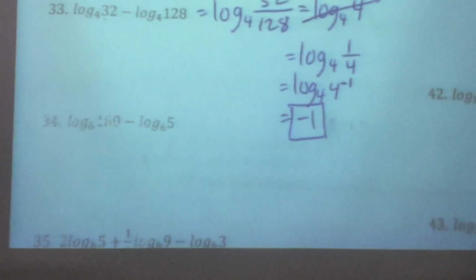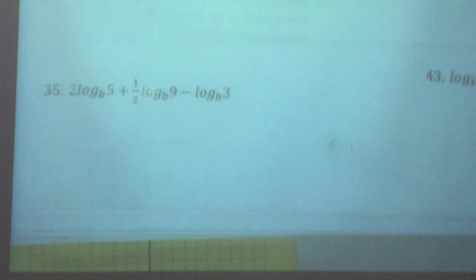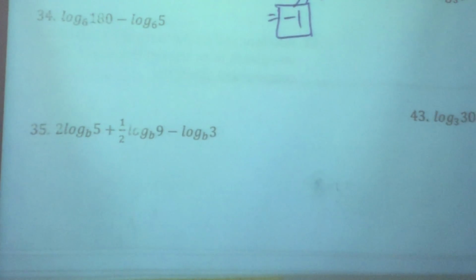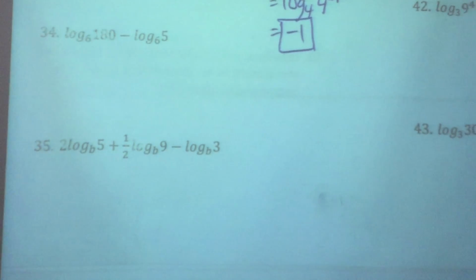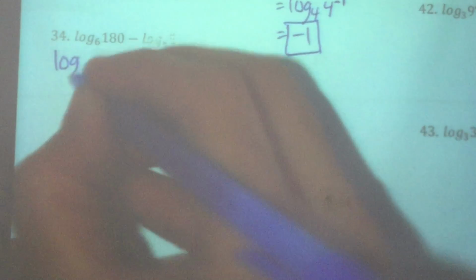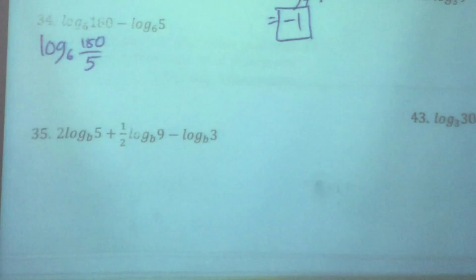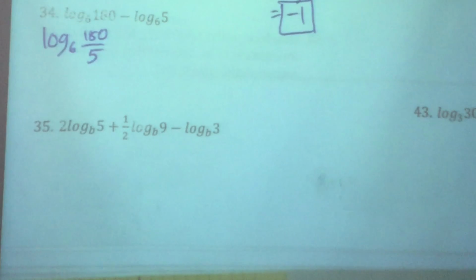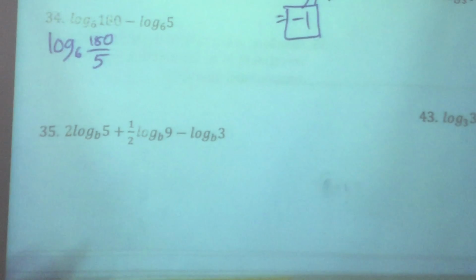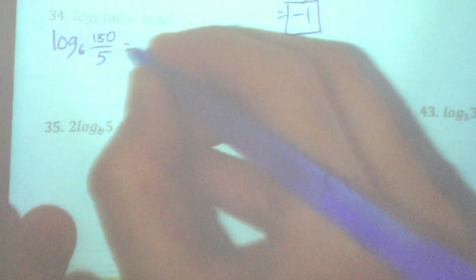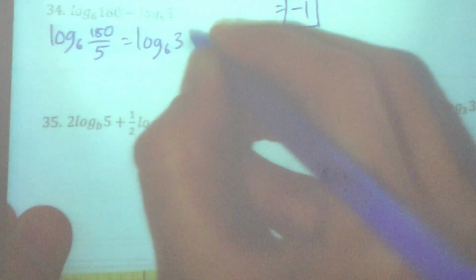34. Log base 6 of 180 minus log base 6 of 5. They have the same base, so once again I can put them together, keeping the base. 180 divided by 5. Right? Because it's minus, we divide. How many times does 5 go into 180? 36. So that's just log base 6 of 36.